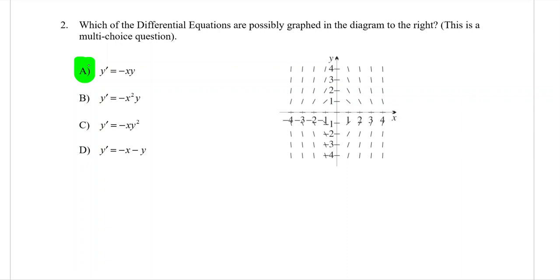It's always flat. That means you're going to have either x or y equal to 0 all the time, and that's not going to happen if you've got 2 things that are subtracted like this.